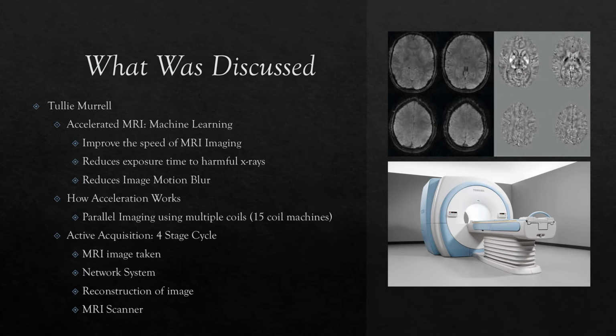So the MRI image is taken and then is sent to the network system, which then doctors can reconstruct the image of the MRI, which is then sent back to an MRI scanner, which essentially starts the process over again for the next patient.